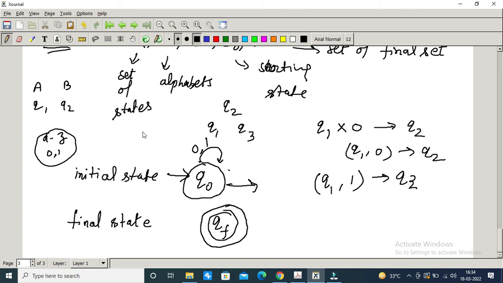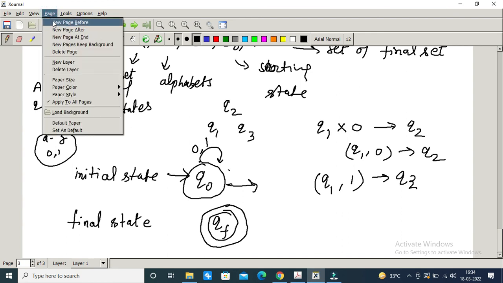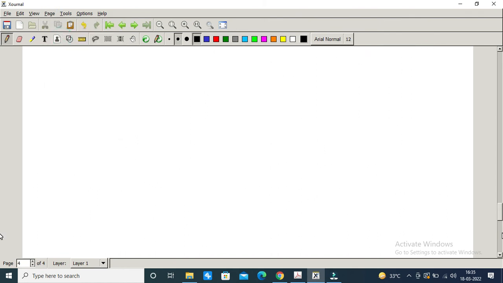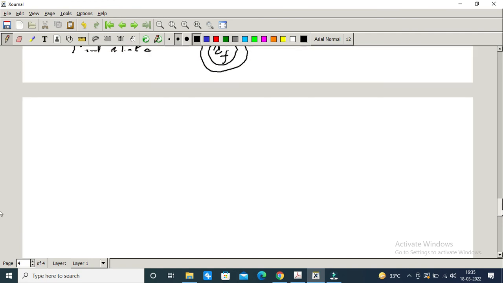So please understand these basic concepts when we talk about the finite state machine, and we have various types of machine. This is the one type, this is DFA. It can be NFA, non-deterministic finite automata machine. It can be context free, it can be PDA, right? It can be Turing machine.